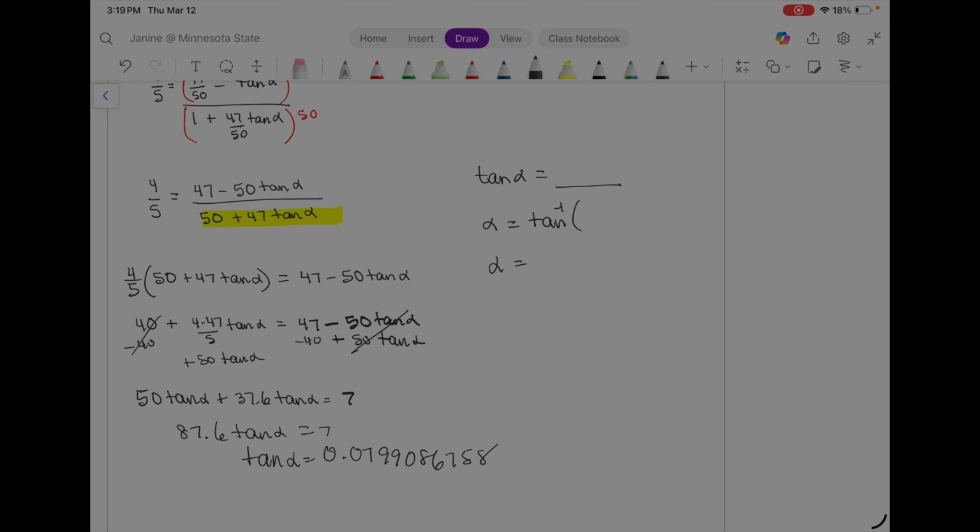Okay, so if I have that, this is the ratio. Doesn't look like a very big angle. Well, the picture showed it kind of small, so it shouldn't be a very big angle, right? 0.079908678.